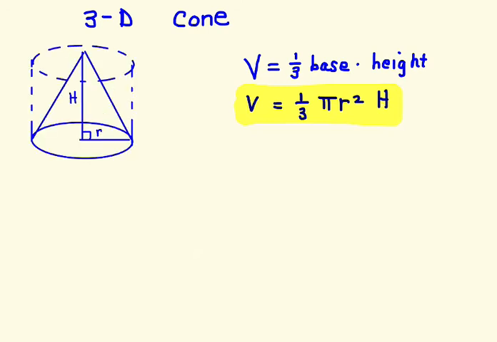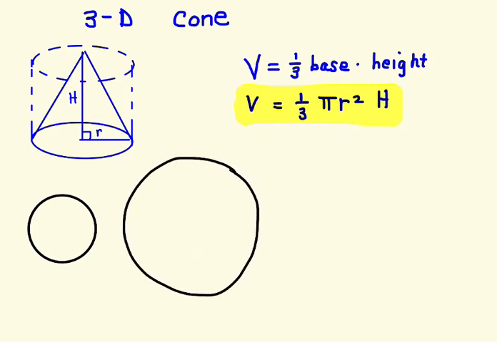Okay, so if we have the surface area, the first thing we want is the base. Here's the base. It's a circle, right? Now it's the sides. The side of this is a larger circle, like this, with a slice taken out of it, like this.